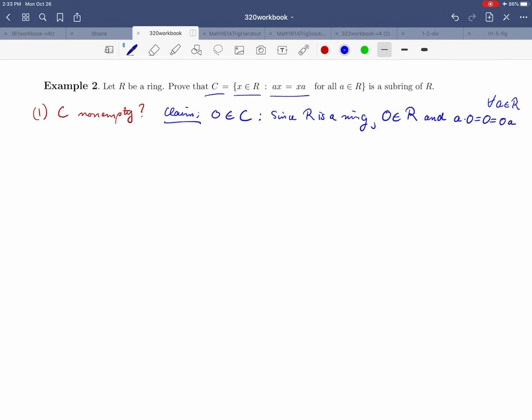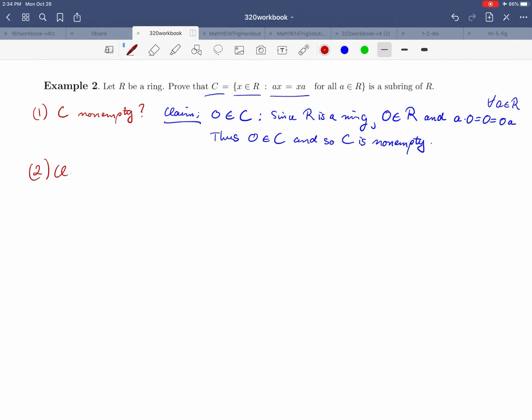But that is exactly the definition of what puts something inside of our set C. And so thus we have that 0 is an element in C, and so C is non-empty. Okay, first one done.